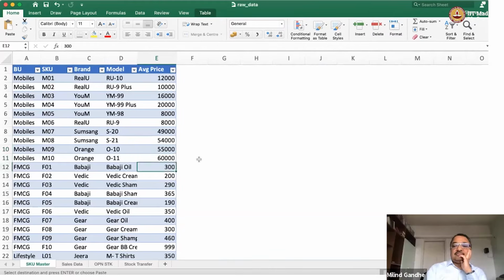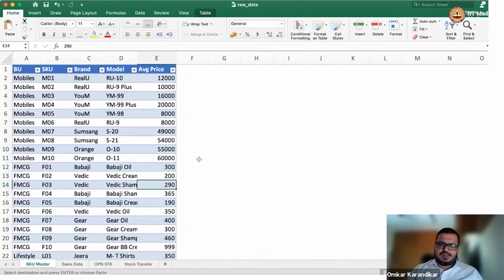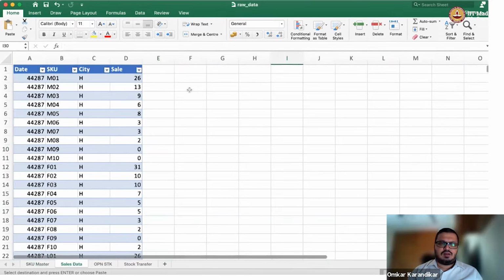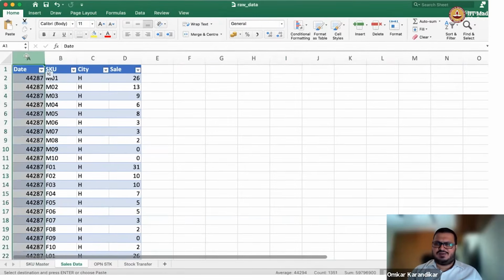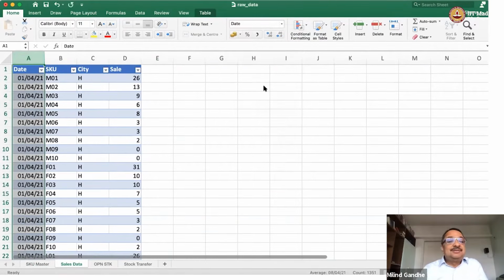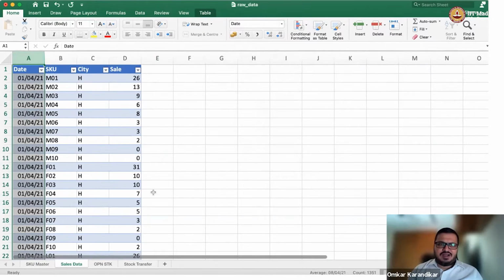All right. Then we'll go to the other piece, which is sales data. So this is the sales data. I think you need to change the format of the data. Yes. So we have data for 1st of April to 15th of April, as we said, 15 days of data.